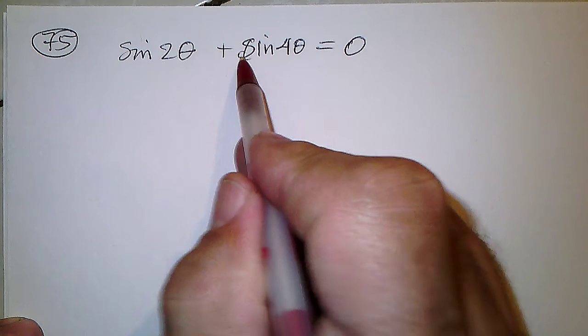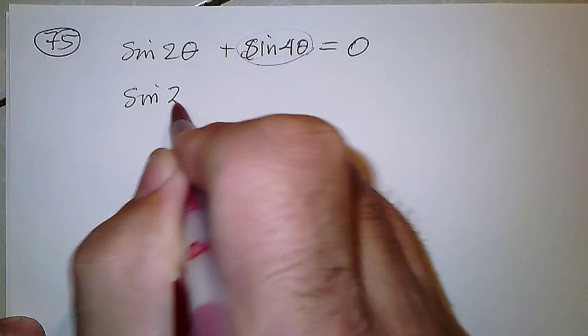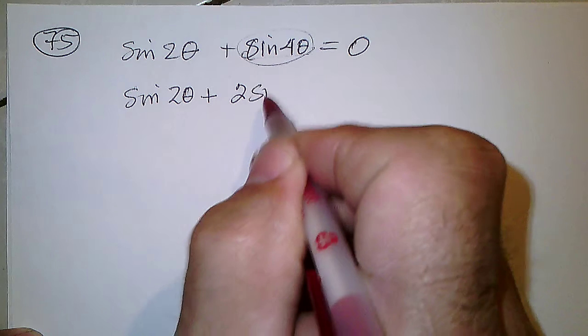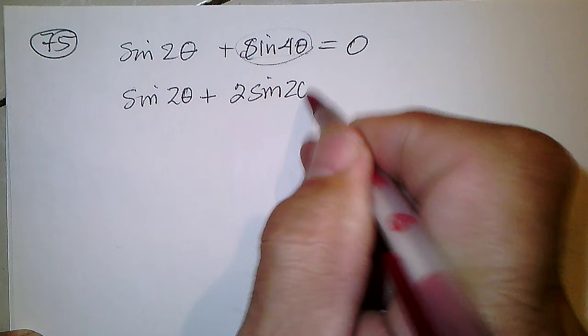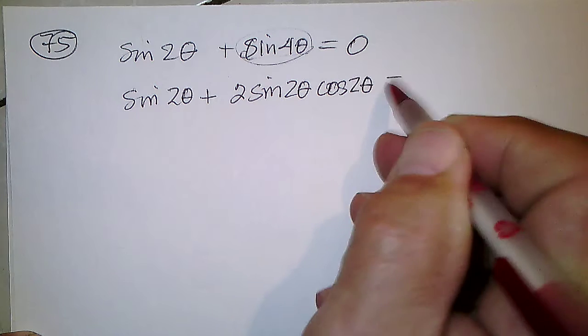Well, I can use the double angle formula to cut this in half, so I'd have the sine of 2 theta plus 2 sine of half of this angle, cosine of half of that angle equals 0.